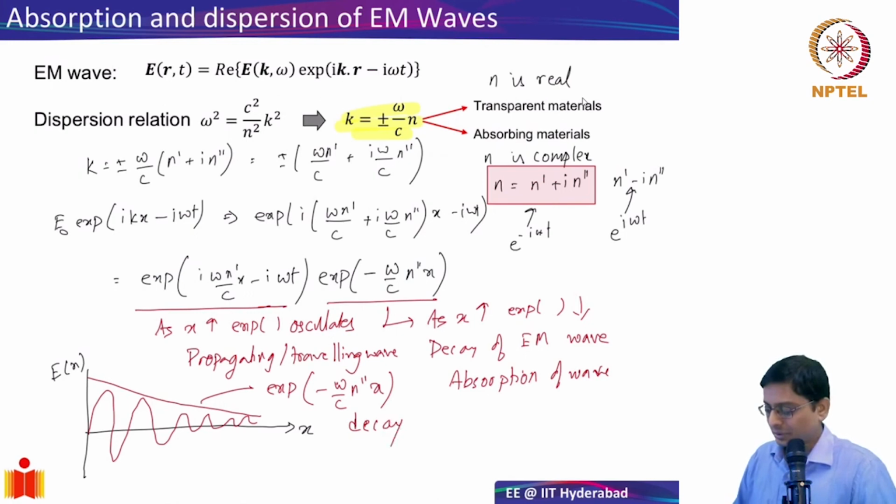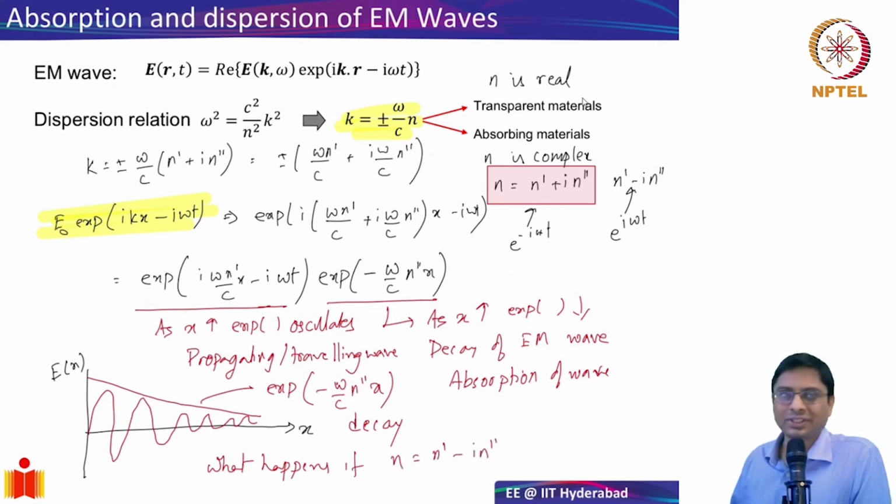I want you to try out this definition of my electromagnetic wave, exponential ikx minus I omega t, and then consider what happens if n equals n prime minus I n double prime. Just consider what happens.